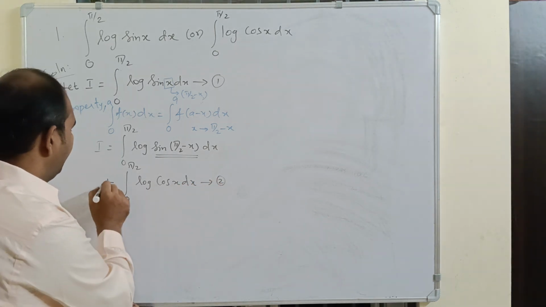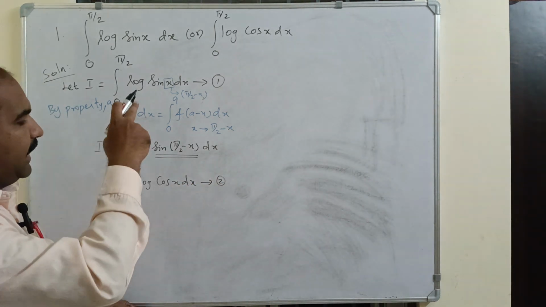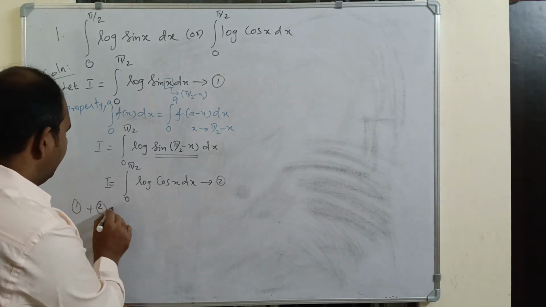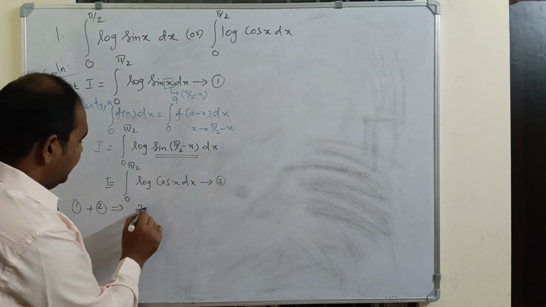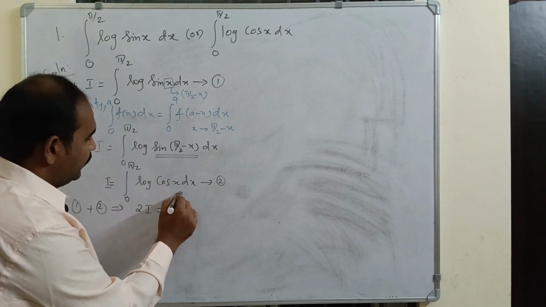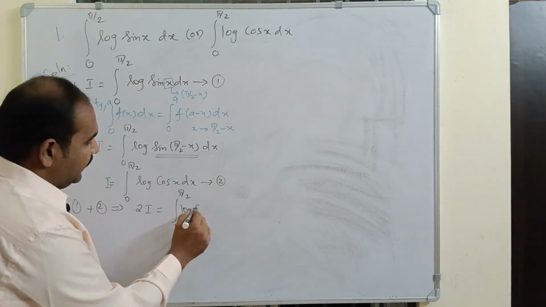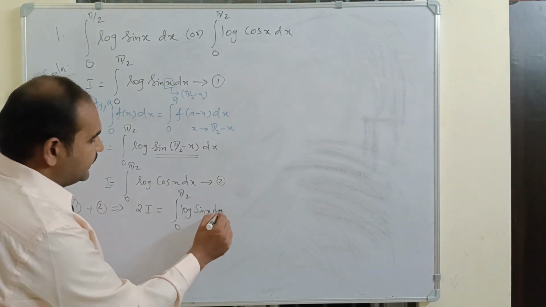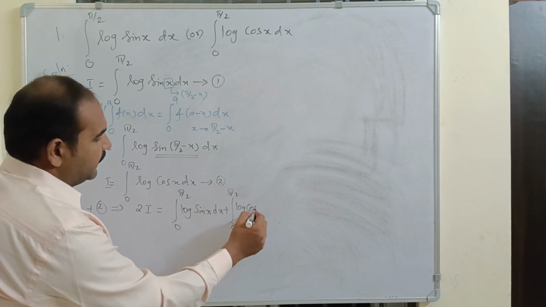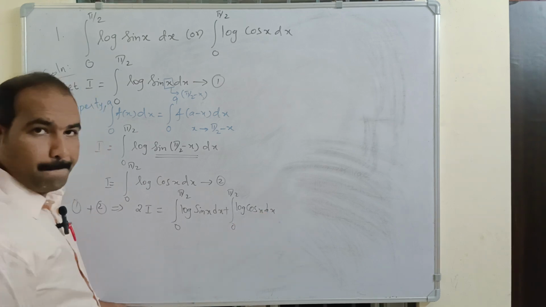Take this as equation number 2. Now add 1 and 2. Now 1 plus 2 implies 2I is equal to integral 0 to pi by 2 log of sin x dx plus integral 0 to pi by 2 log of cos x dx.